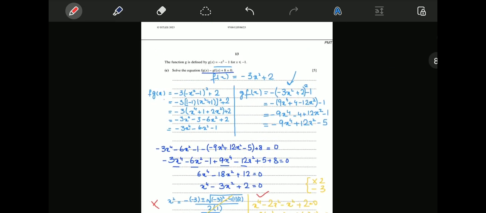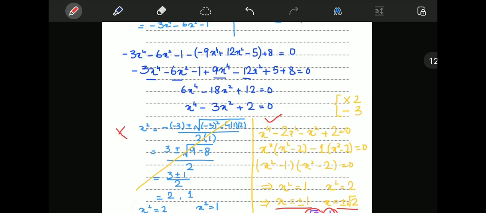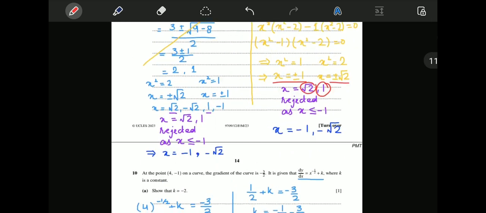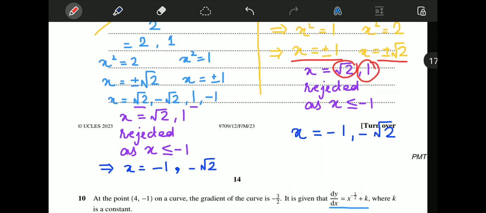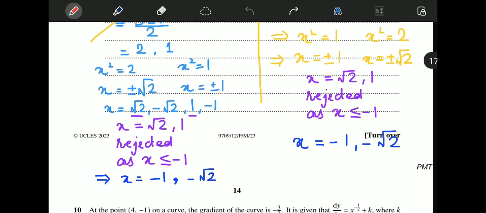Why? Looking at your required domain, x is smaller than or equal to minus 1, so we are rejecting these two terms, and now we will be left with x equals minus 1 and minus root 2.